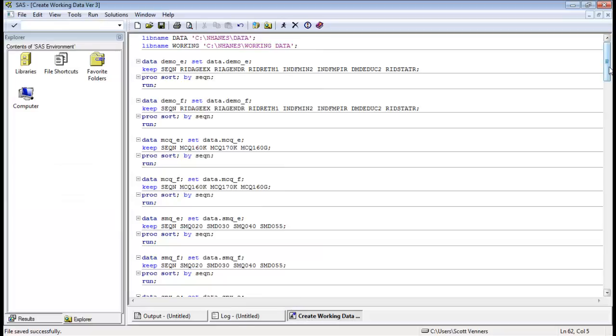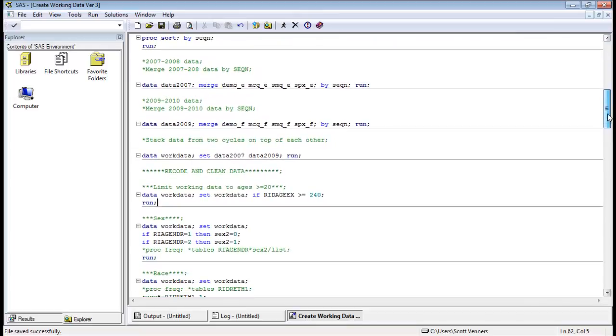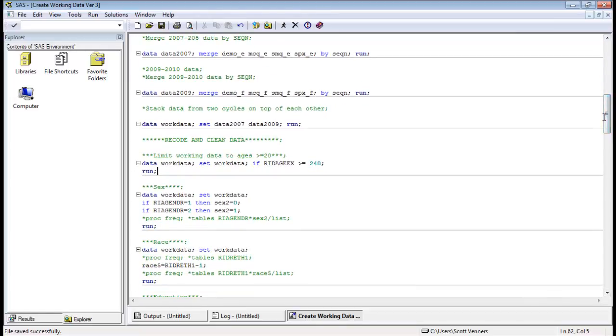Now, you'll remember my analysis on the effects of smoking on lung function and chronic obstructive pulmonary disease was limited to individuals who were aged 20 or over, because that was the age group for whom the smoking questions were asked.